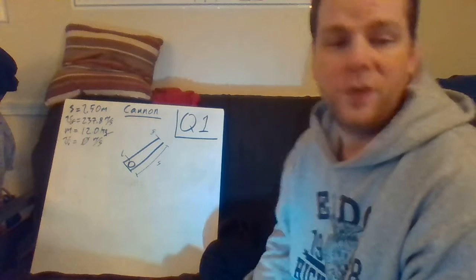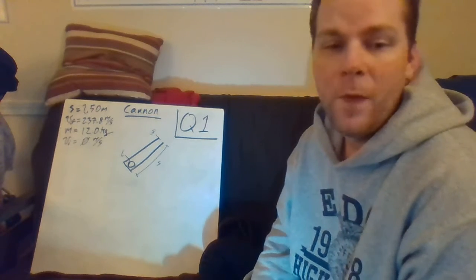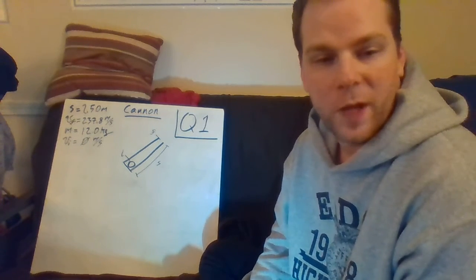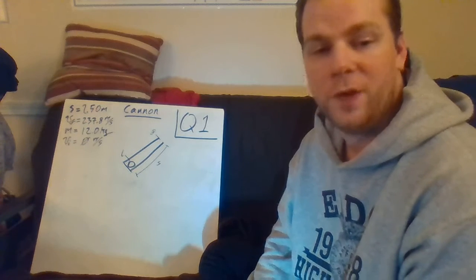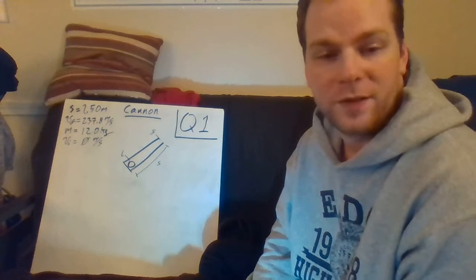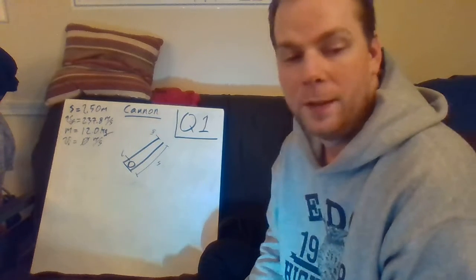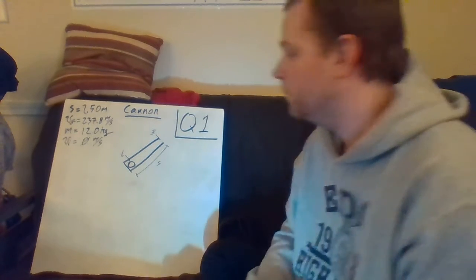All right, so consider the cannon discussed in the previous quiz, the one with a barrel 2.5 meters long and a muzzle velocity of 237.8 meters per second. When the cannon is fired, assuming a constant acceleration, what force is exerted on the 12-kilogram cannonball while it is in the barrel? Ignore friction.